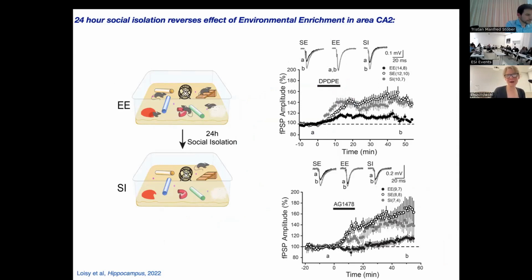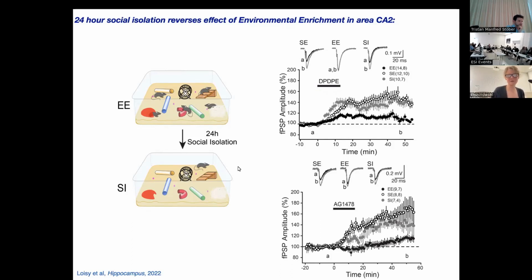Everything went back to looking like he'd spent 3 weeks in a standard environment. And so we're like, wow, it's a mild stress. It's not pleasant, but it seems to be fairly powerful for altering this inhibitory plasticity network in CA2.